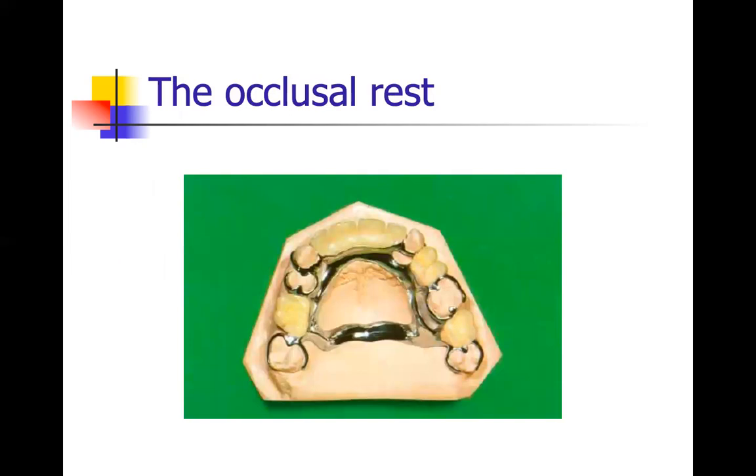If the rest is placed on the occlusal surface, it is called the occlusal rest. Here you can see these rests are placed on the occlusal surface, therefore they are known as occlusal rests.